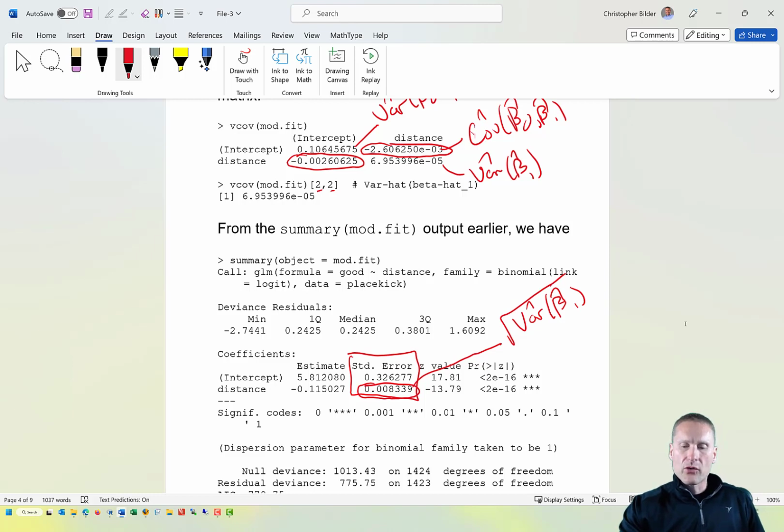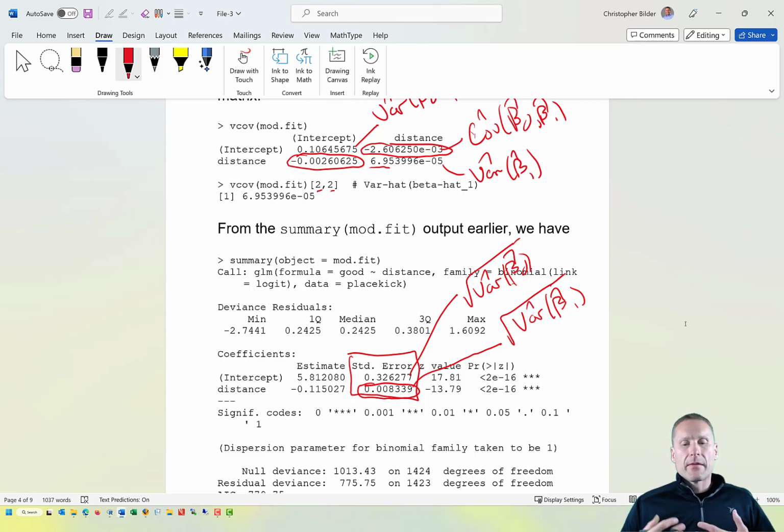So if I were to square 0.008339, I will get 6.95 times 10 to the negative fifth power. Try that on your own to show that indeed that's what you get. A similar thing here: here's the square root of the estimated variance of beta hat 0.